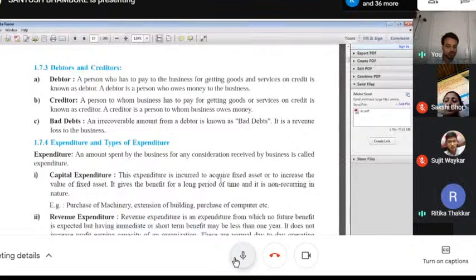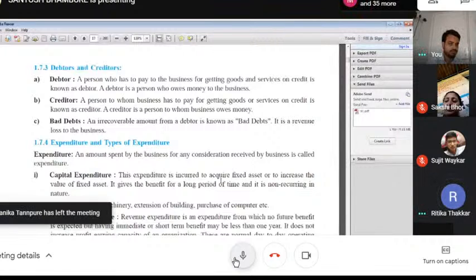Why do you want to write something more and more in the transaction? Sir, for example, you gave the example of college fees.